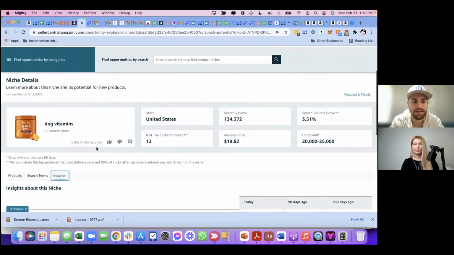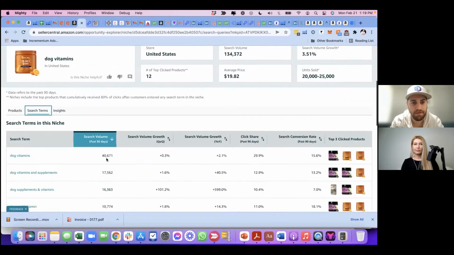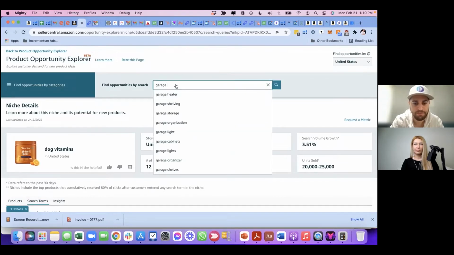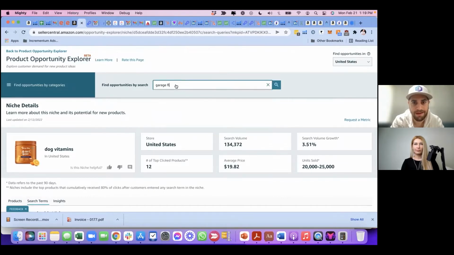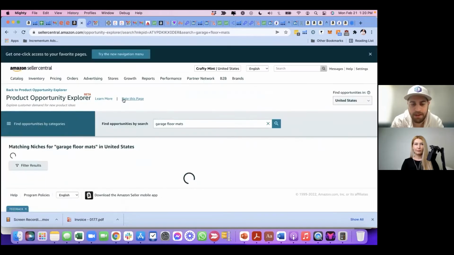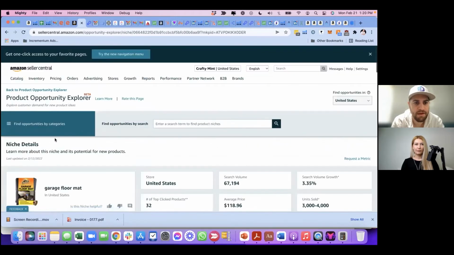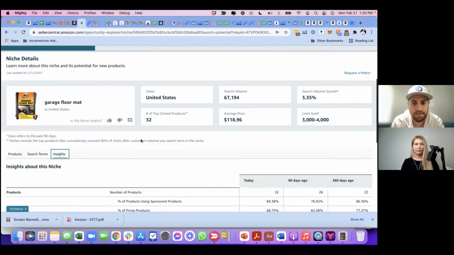What's interesting is if we put in a totally different search term, like garage floor mats, to see the difference in terms of listing quality.